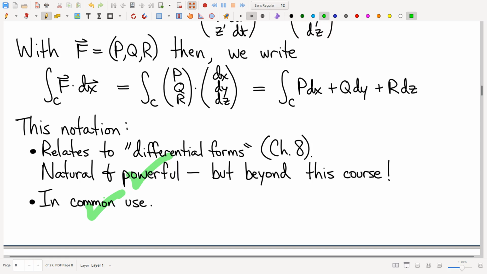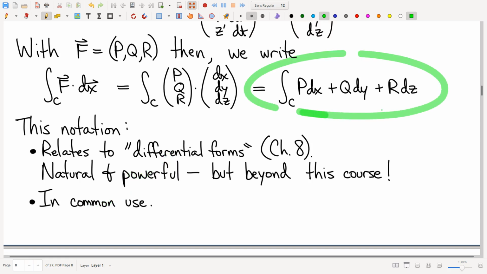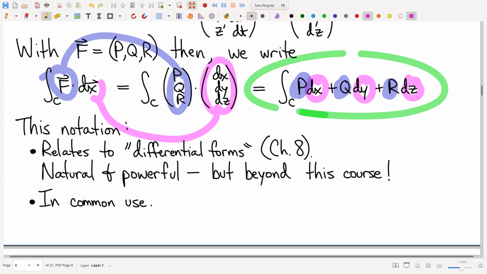So what I encourage you to do is any time that you find yourself looking at this notation right here, to just remind yourself where it comes from. Remind yourself that the P, the Q, and the R are just telling you what your vector field is. And the dx and the dy and the dz are just a sort of expanded representation of the dx vector.